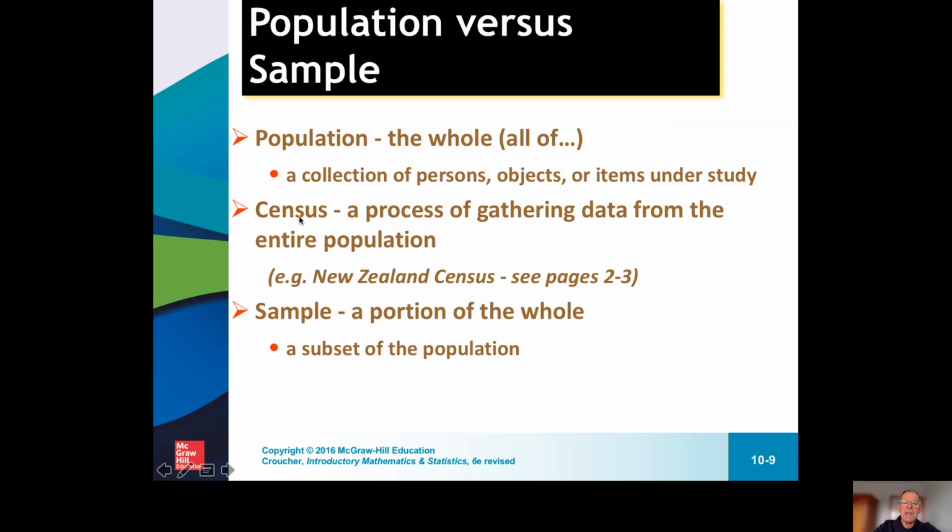So a census is the process of gathering all the data, making sure we've covered everything, whereas a sample is a subset. So it's three key terms here. Know what a population is, know what a census is, and know what a sample is.